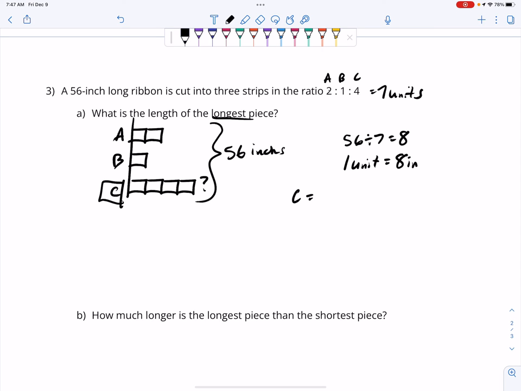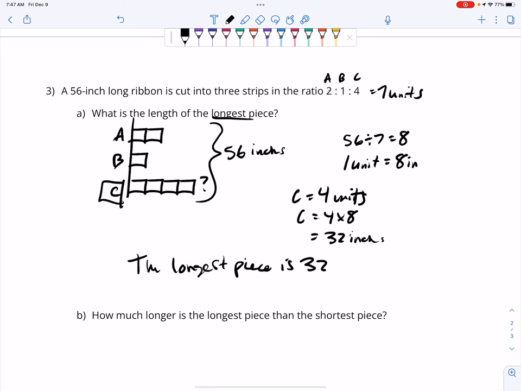C equals 4 units. So C is the same as 4 times 8, which is 32 inches. So the longest piece is 32 inches.